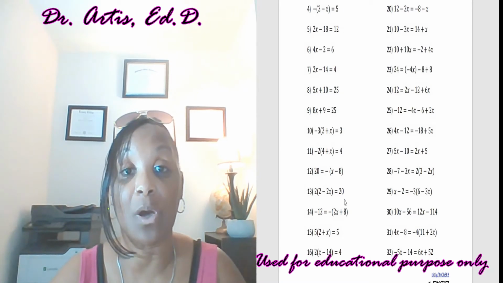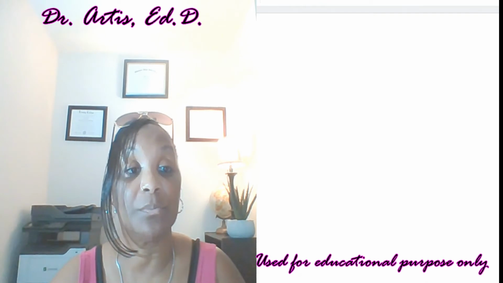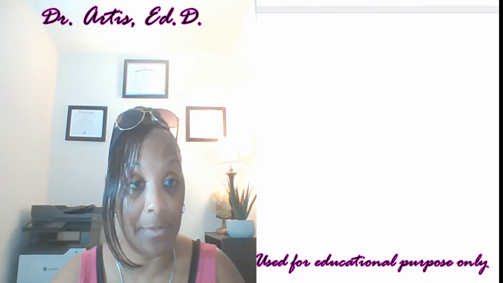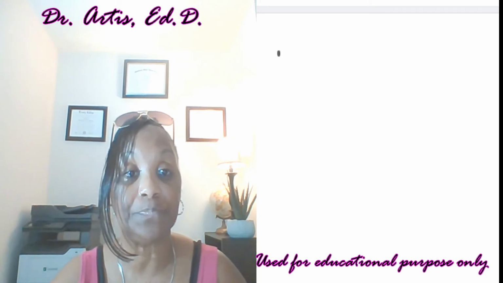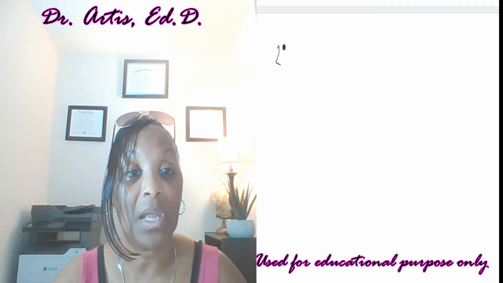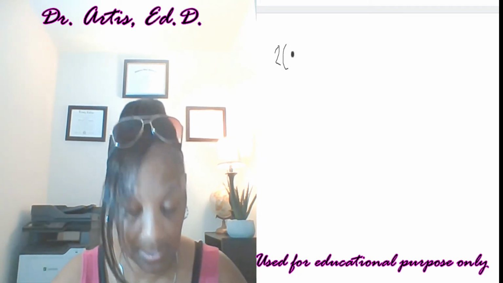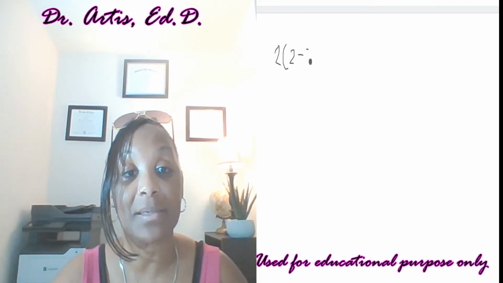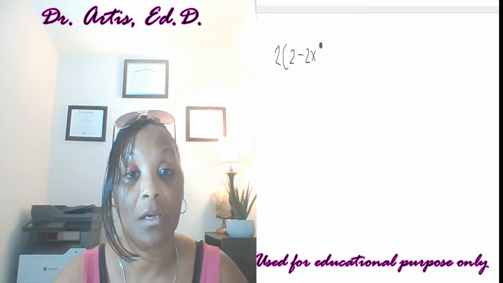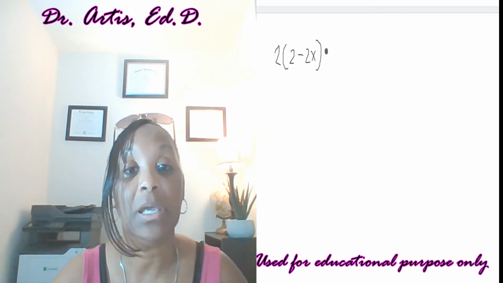Okay, so we're going to go to the board and solve this problem. Let's go to the board. We're going to rewrite the problem. And we have 2, open parentheses, 2 minus 2x, close parentheses, equals 20.